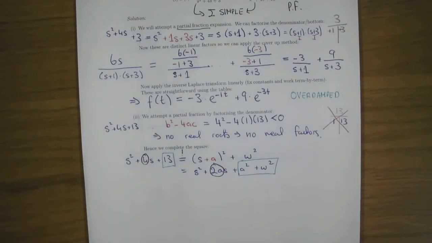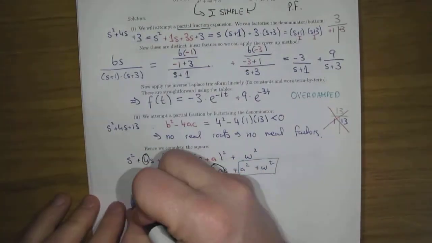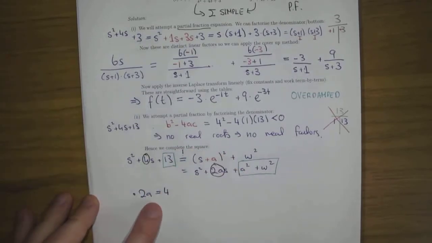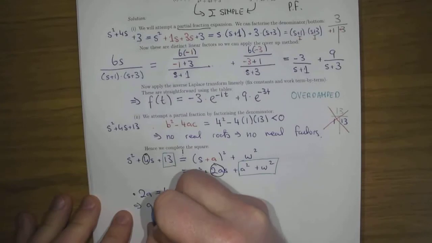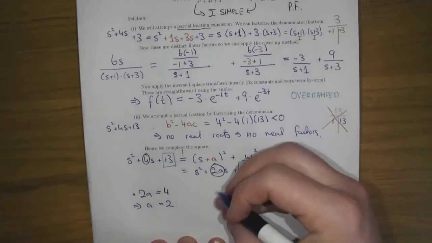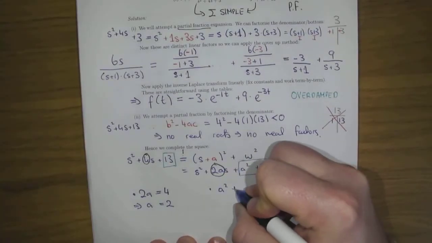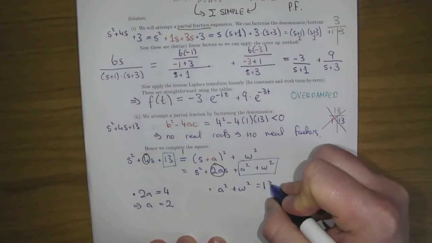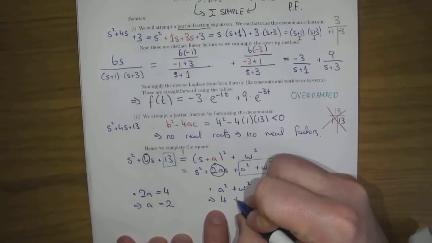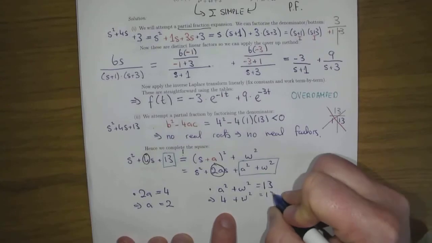So we're going to say that 2a must equal 4, and dividing both sides by 2, a must equal 2. And then a squared plus omega squared must equal 13. The a we've already found is 2, so this is 4 plus omega squared is equal to 13.